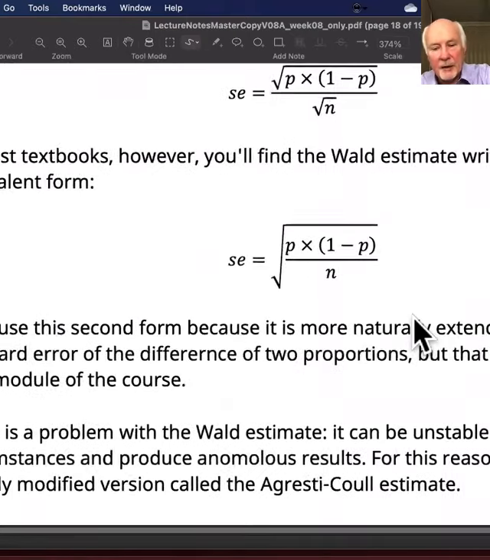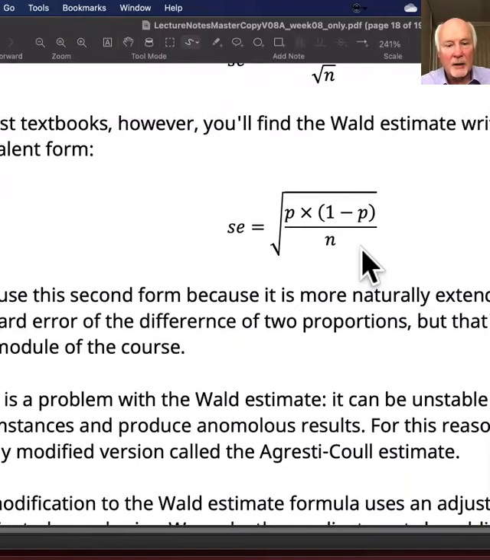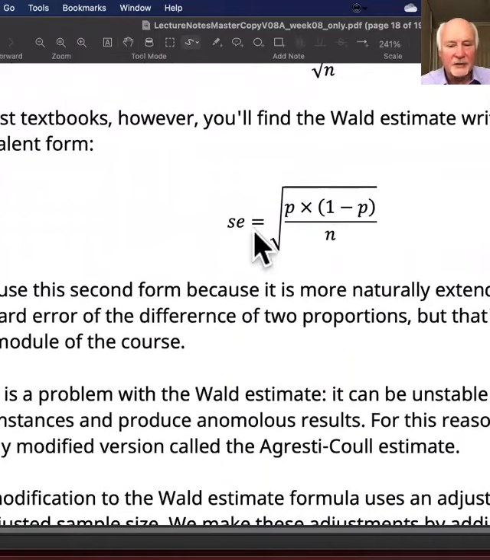The problem with this formula is that it can be unstable under certain circumstances, usually when the proportions are very small or very big. This fact has been known for a while, but that hasn't stopped people using it.